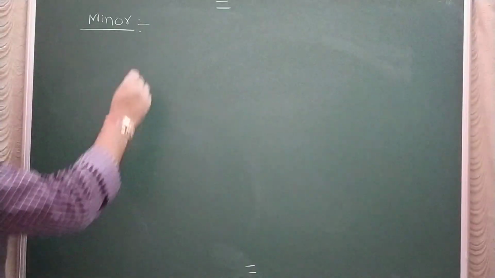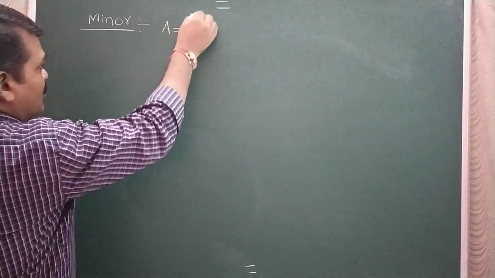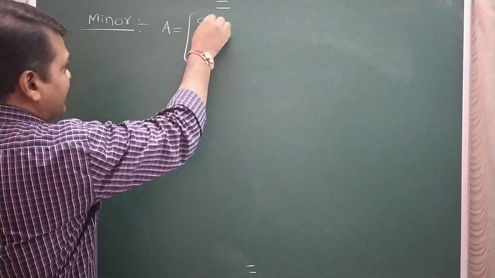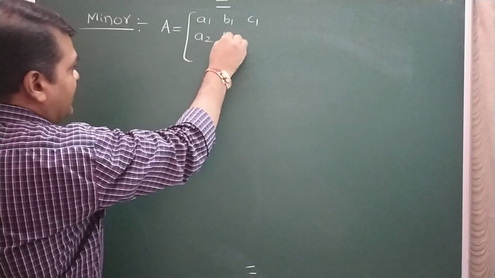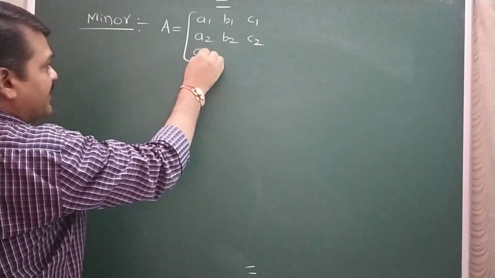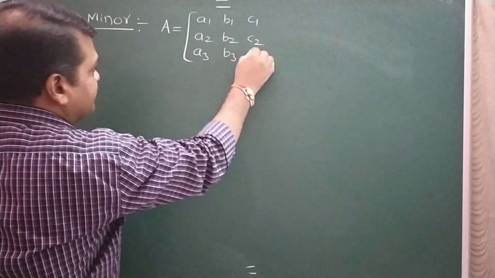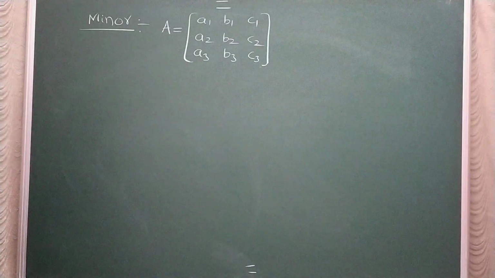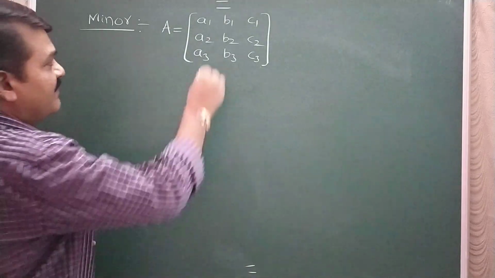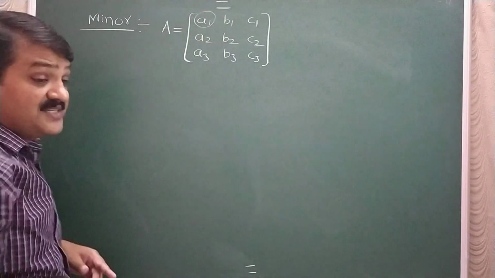What is the minor of an element? If I am taking a 3 by 3 matrix like this, we have 9 elements here.